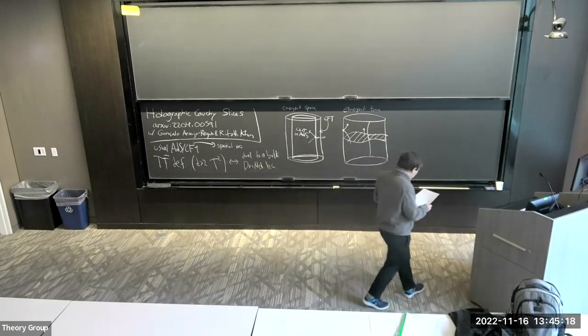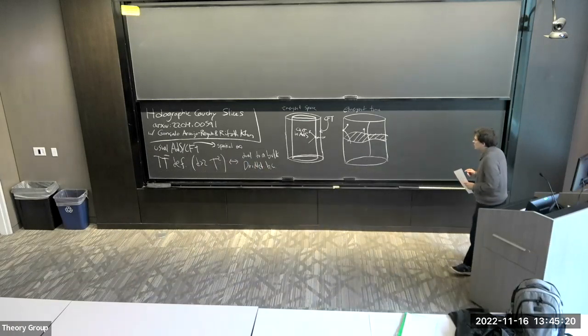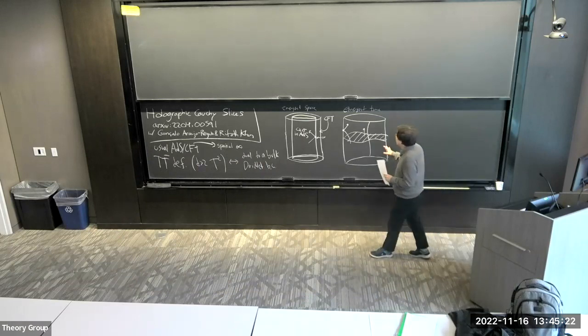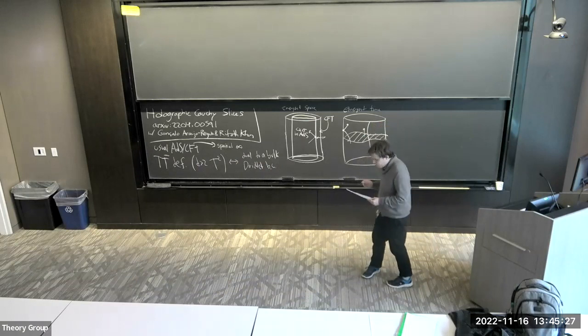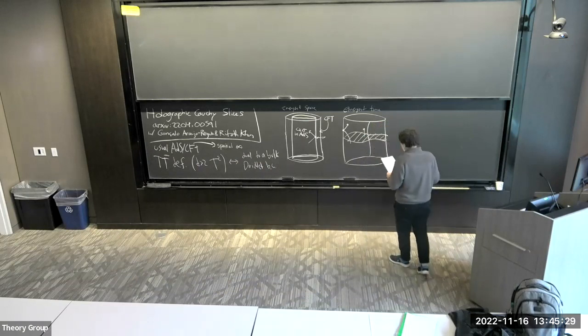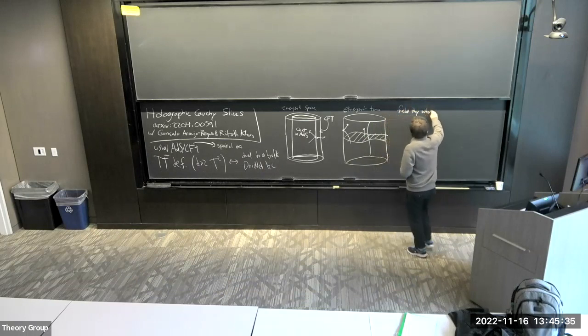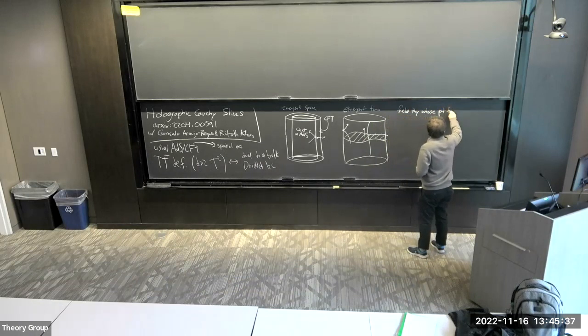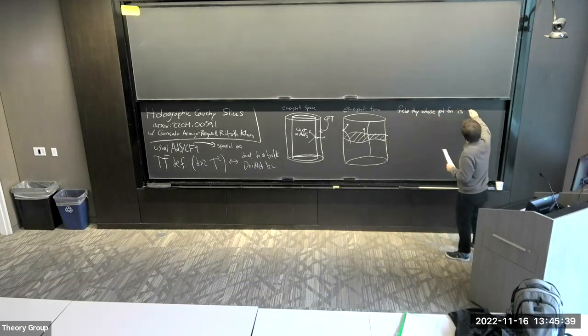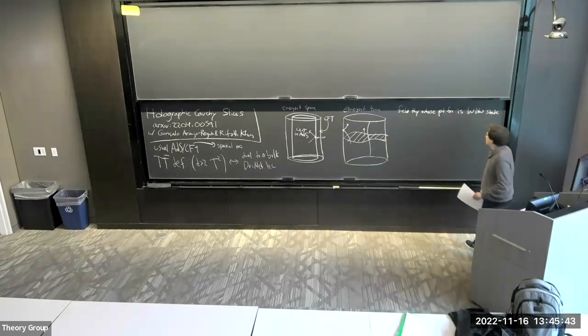So, all right. Now let me write down the fundamental equation of what we're looking for. What we want is a field theory whose partition function is a Wheeler-DeWitt state of quantum gravity.